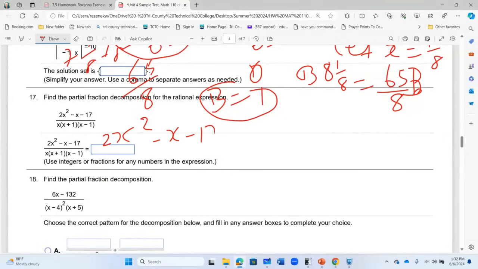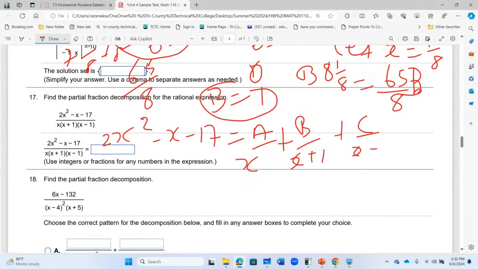Minus x minus 17 equal to A over x plus B over x plus 1 plus C over x minus 1. The same way we did the other one, you start finding the values of A, B, C. And when you finish, you replace A, B, C with the numbers you found. It takes some time, but you have to try your best to decompose it.